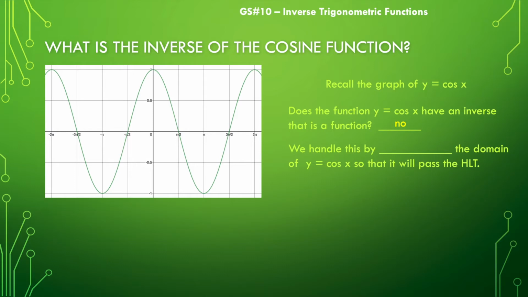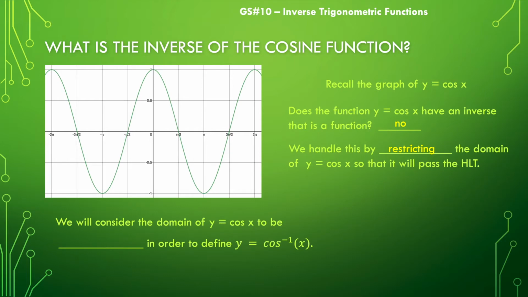So we handle this by restricting the domain, just like we did with y equals sine of x. But if we restricted it like we did for y equals sine of x, from negative pi over 2 to pi over 2, it would still fail the horizontal line test. So the interval that we're going to choose is a little bit different. We are going to choose the interval from 0 to pi.